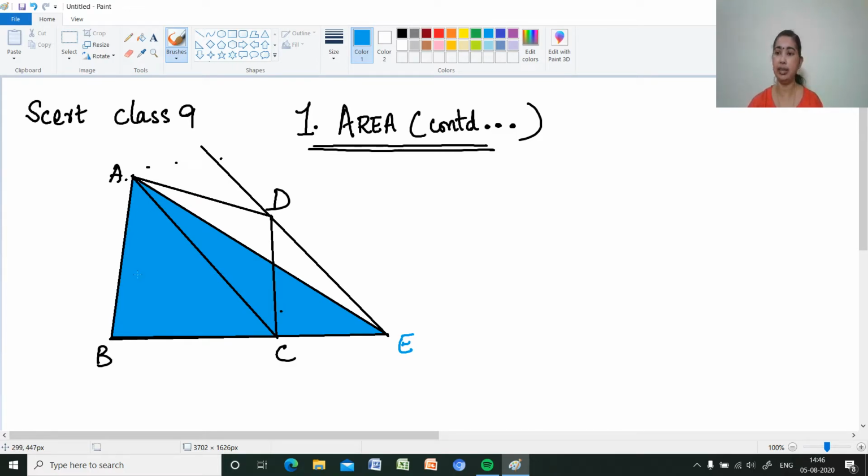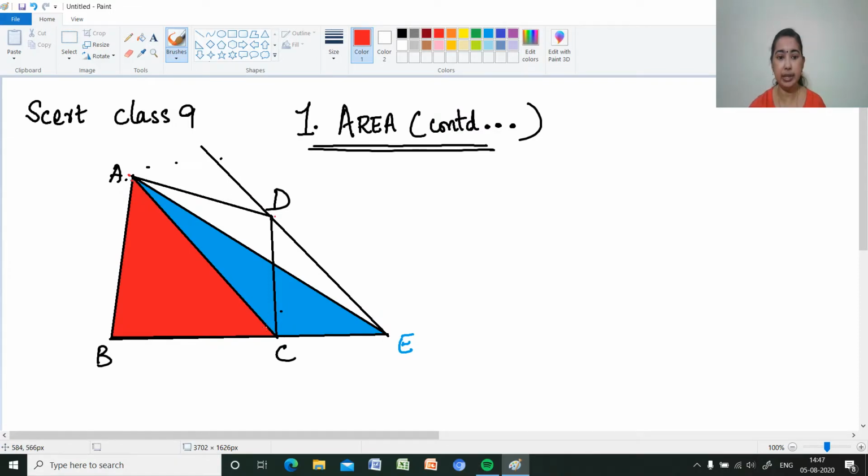Why do we say it has the same area? We can see that this portion, triangle ABC, is common for both the quadrilateral as well as this triangle. This region is common for the quadrilateral as well as for the triangle. Only thing is that we have to consider triangle ADC and triangle AEC. Those are the two triangles we have to consider.